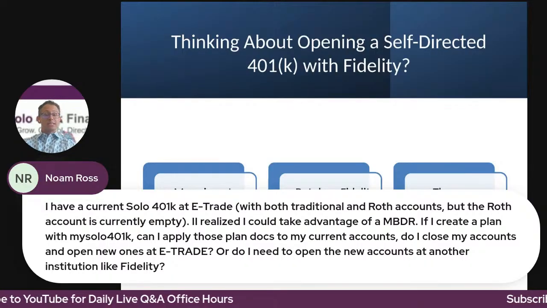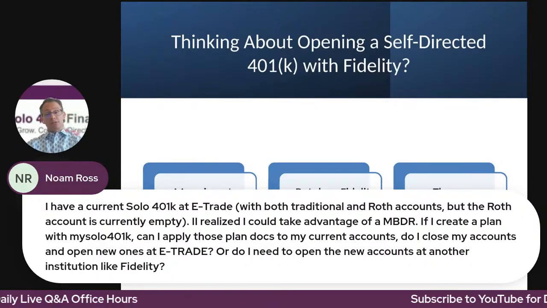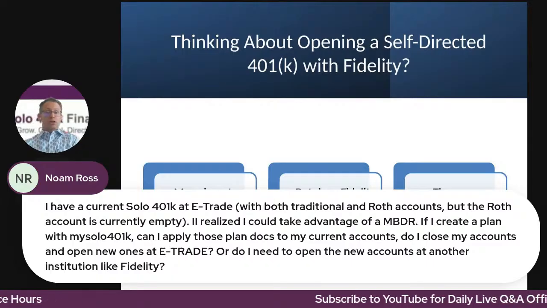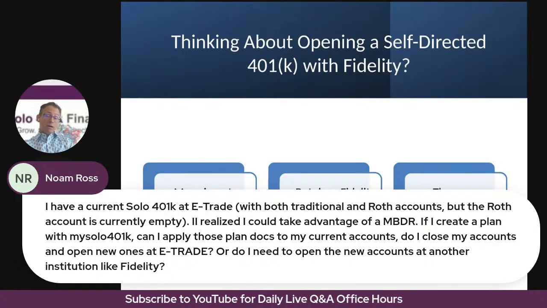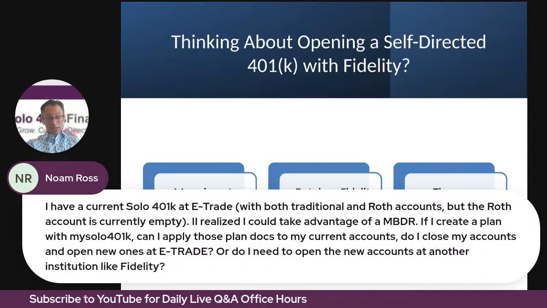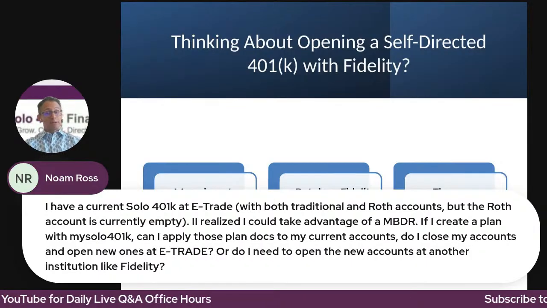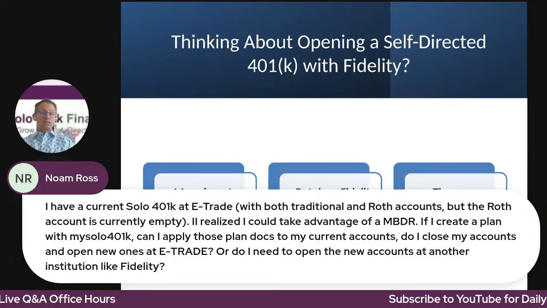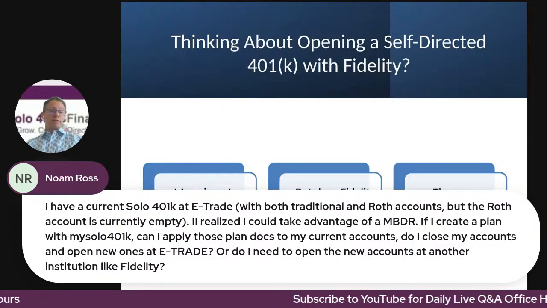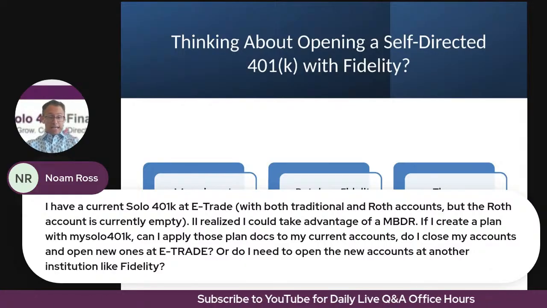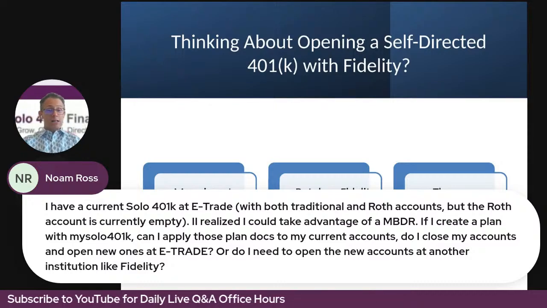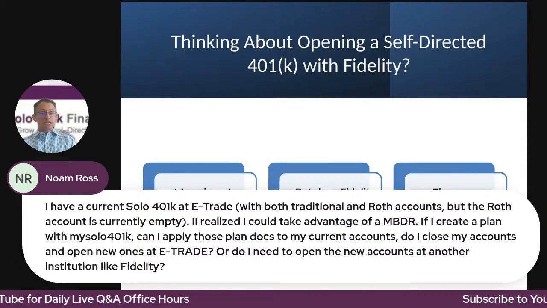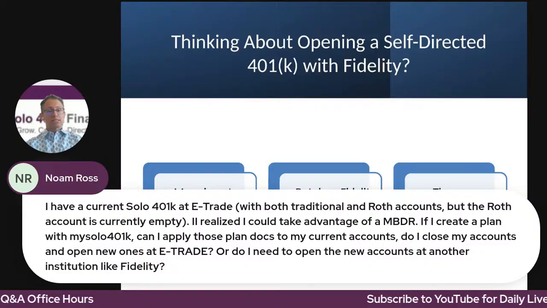However, you can certainly switch from E-Trade to a self-directed solo 401k from my solo 401k financial, which has all the bells and whistles, such as being able to take a participant loan, being able to invest in alternative investments like real estate, private equity, as well as traditional investments like equities, as well as utilizing the $1,500 auto contribution credit, which can be added to that plan when you restate it.